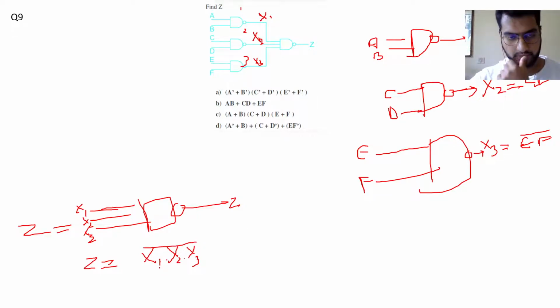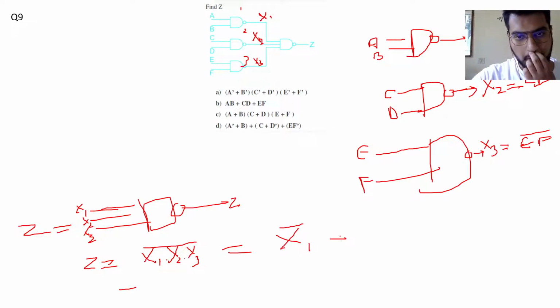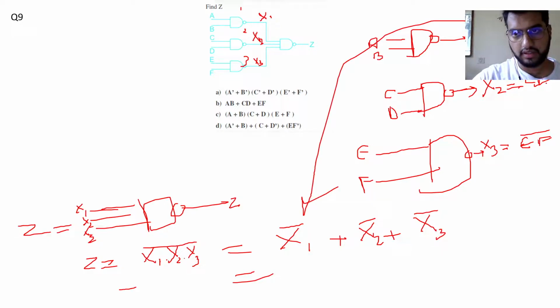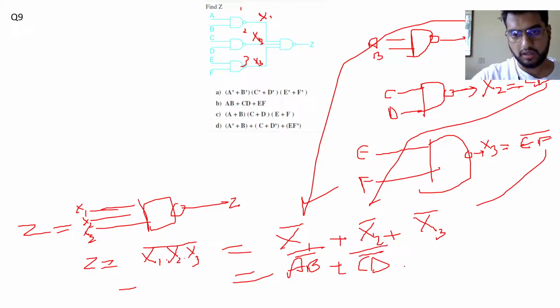Using De Morgan's law here, it will be x1 bar plus x2 bar plus x3 bar, and plugging in the values of x1, x2, and x3, we get ((AB) bar) whole bar plus ((CD) bar) whole bar plus ((EF) bar) whole bar, and we know the double complement is simply the original.